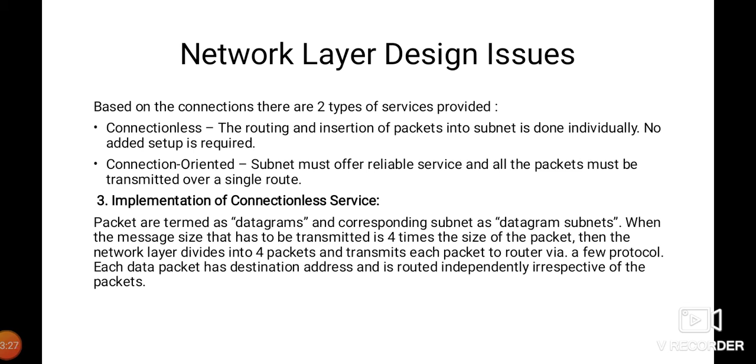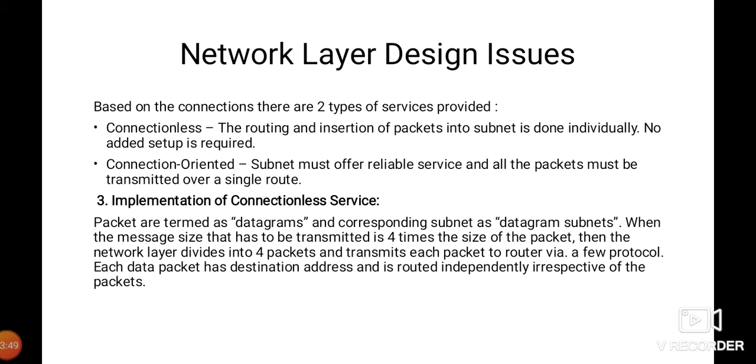Each data packet has a destination address and is routed independently of the other packets. In connectionless service, there is no dedicated path to transfer the packets. Each packet may choose its own direction based on the router. So in connectionless service, the intermediate router decides the path of the packet.